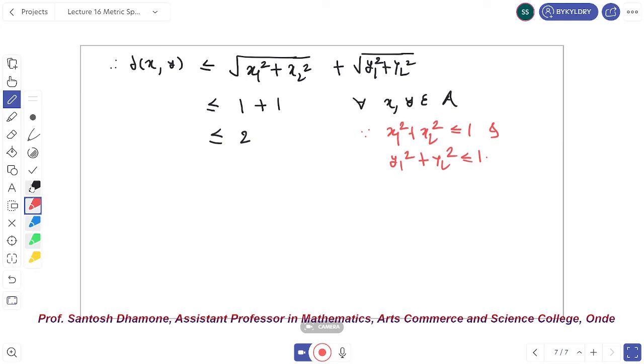Remark, very important: the diameter of an open ball about P with radius R is equal to twice R, which is R plus R. This is important for solving problems or for objective questions.